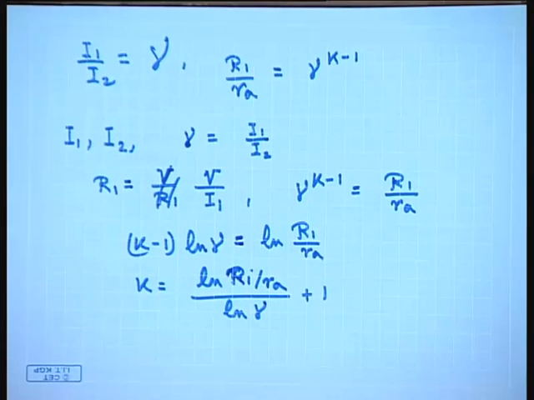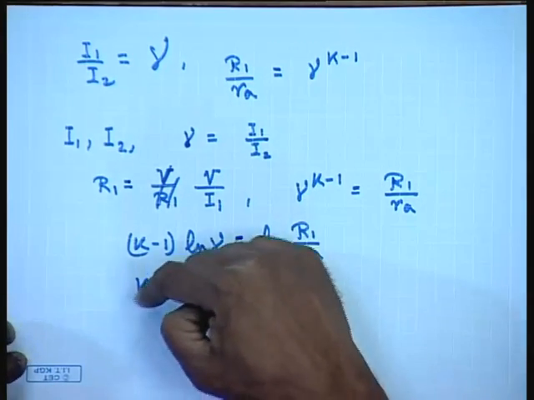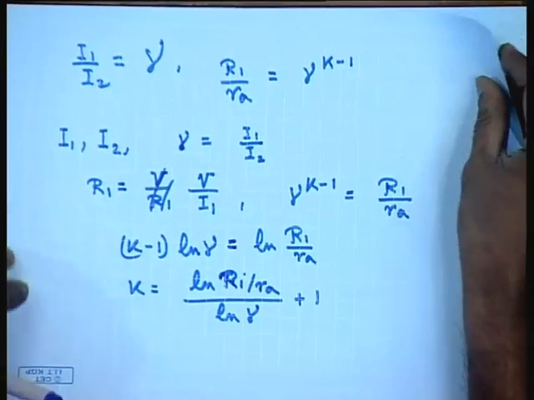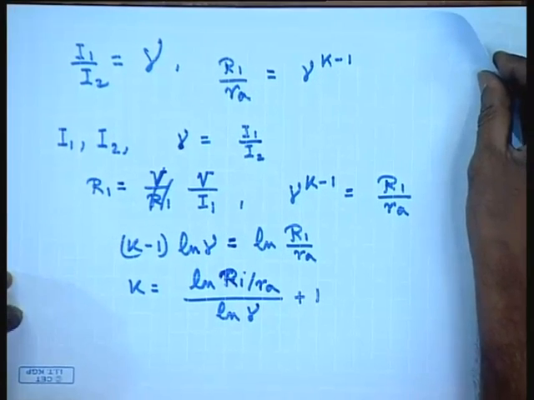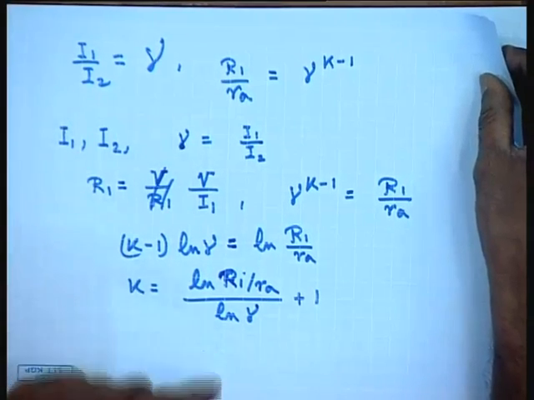So, that is how we find out the number of sections needed. Of course, we have to make sure that we choose the nearest integer to what we get from this formula.